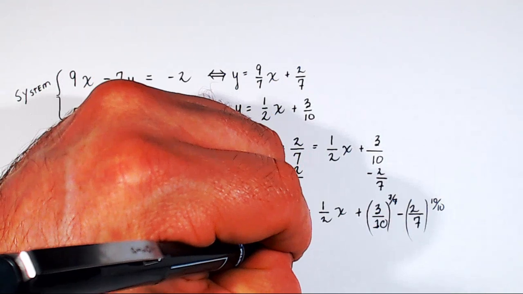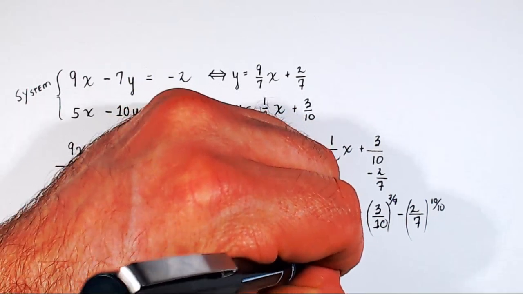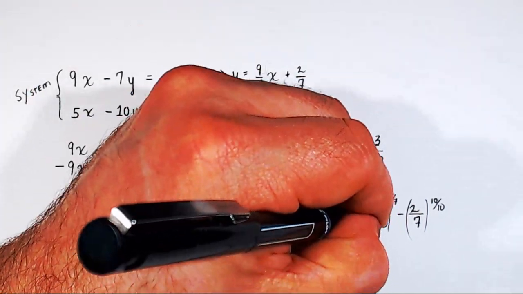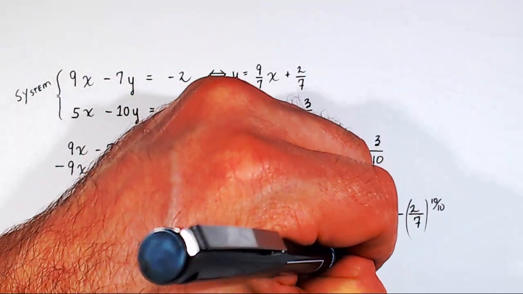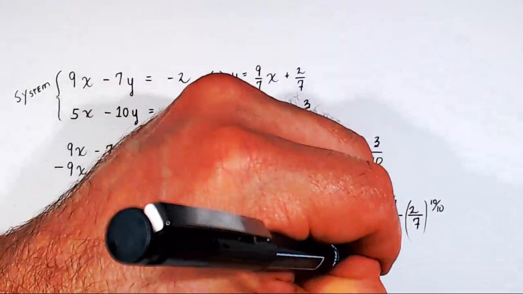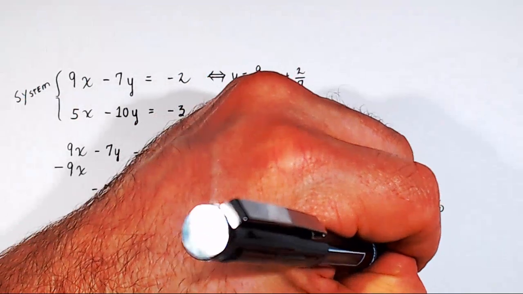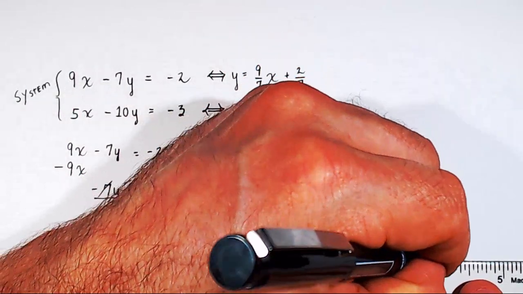Let's see here. So now I've got 9/7x equals 1/2x. Now I'm going to multiply 3 times 7 and 10 times 7. I'll have plus 21/70 minus 2 times 10, 20/70.